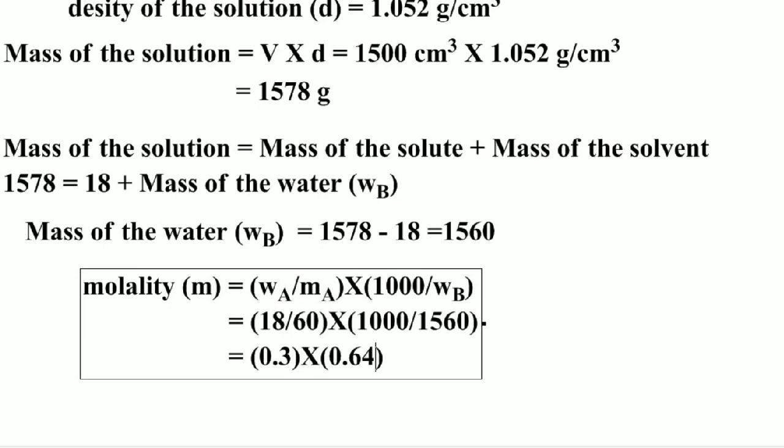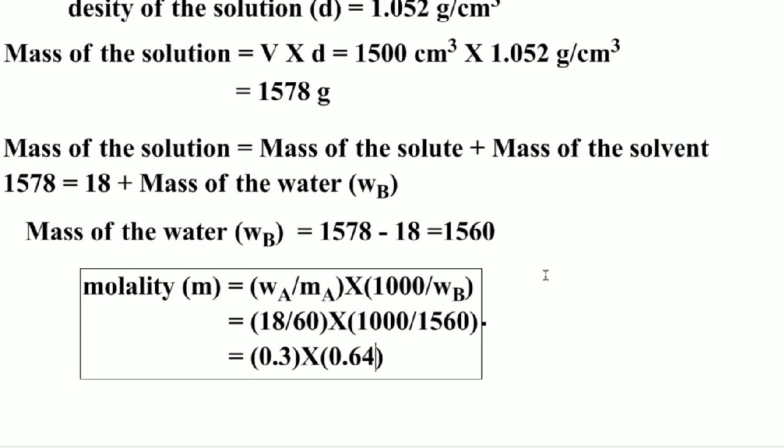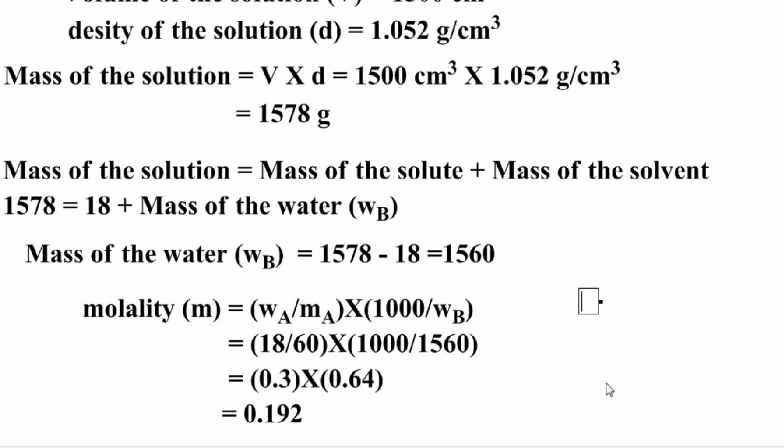Therefore, 0.64 into 0.3 gives 0.192. 0.192 is the molality of the solution. Okay, students, I hope you understood this problem.